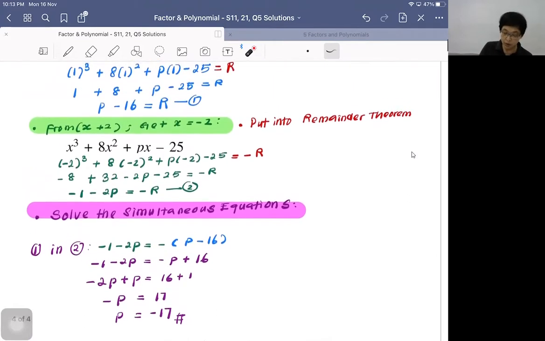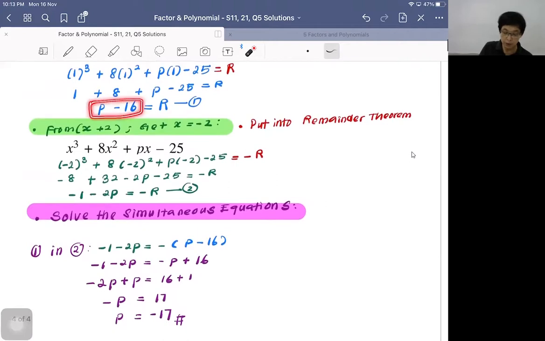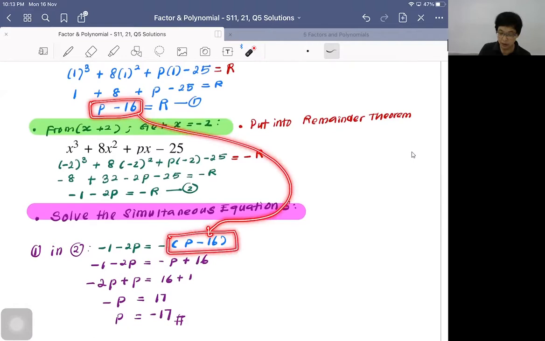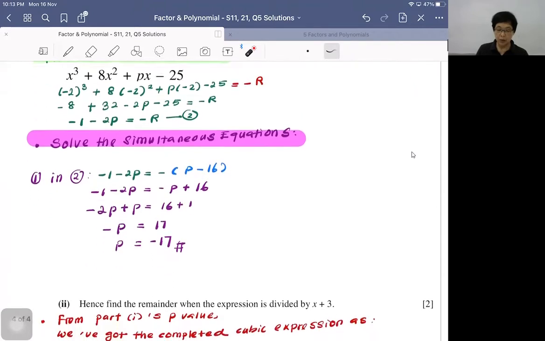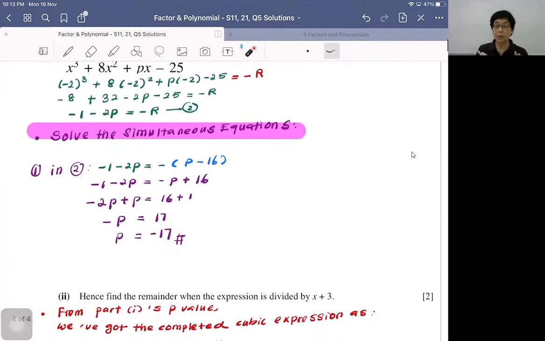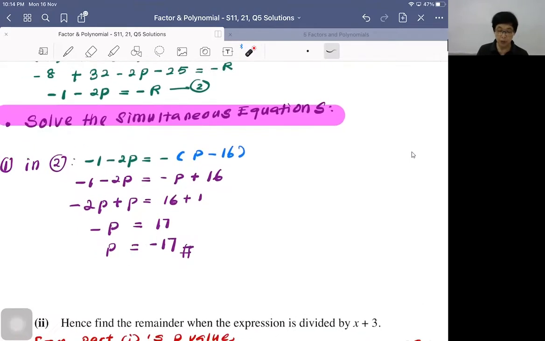Then the r is what we have obtained from the first equation. We just put it into this position. Remember, it's minus r.